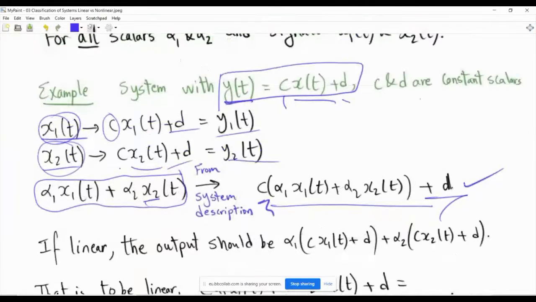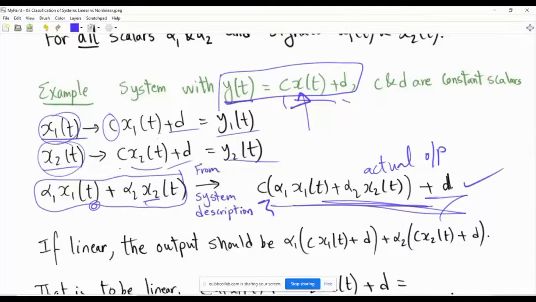This is actually what the system is doing as described in the problem statement. This is the actual output that you get, based on how the system operates.